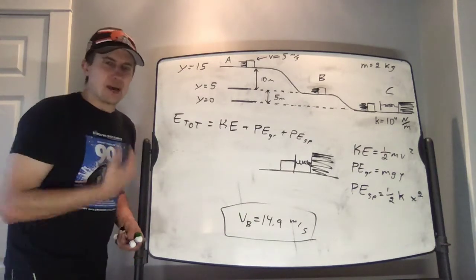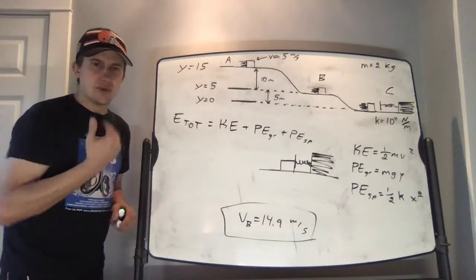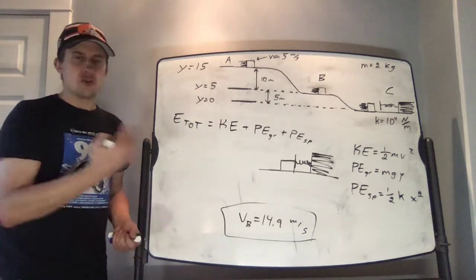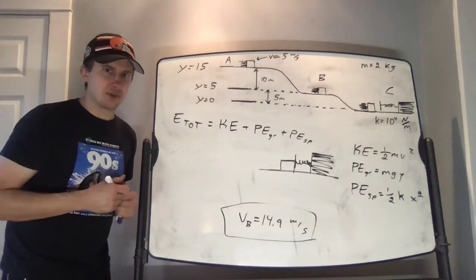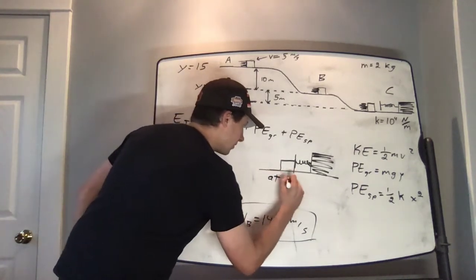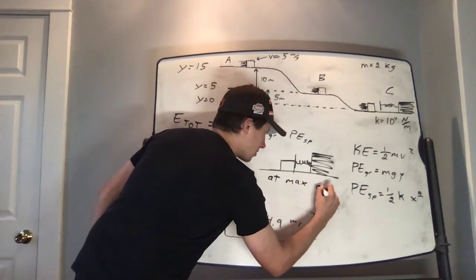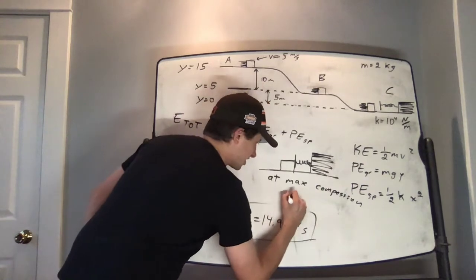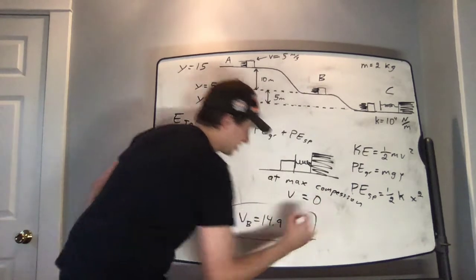Between the moment the box moves to the right and the moment the box moves to the left, well, the box is neither moving to the right nor to the left. The box will have a speed of 0. So at maximum compression, we could say the speed of the box is going to be 0.